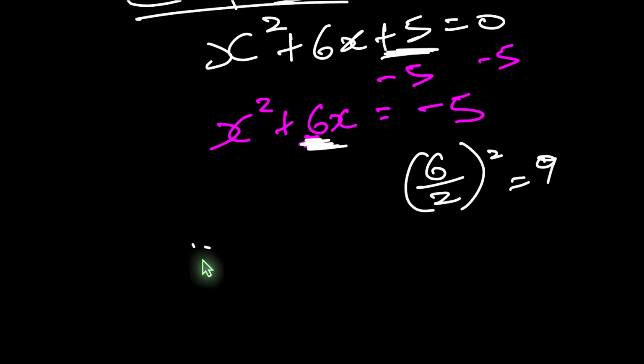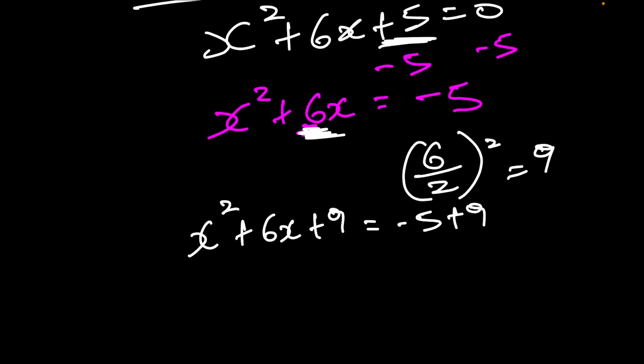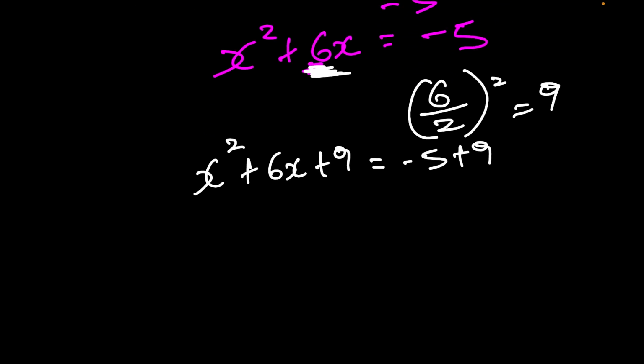So what we end up with now is x squared plus 6x plus 9 equals negative 5 plus 9. And the reason why this works is because when we add 9 to both sides, it doesn't change the value of our equation. And what we actually end up with here is what's known as a perfect square. And how we solve this is we're just going to have x plus the square root of 9, which is 3.